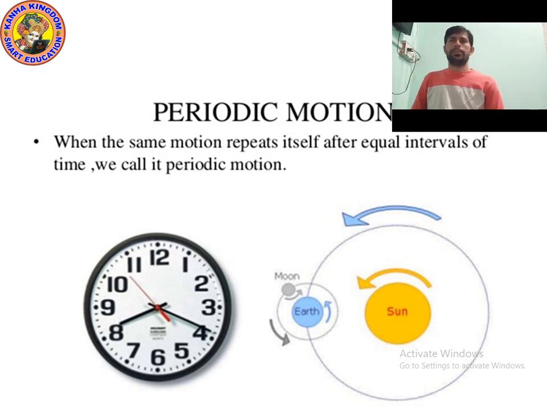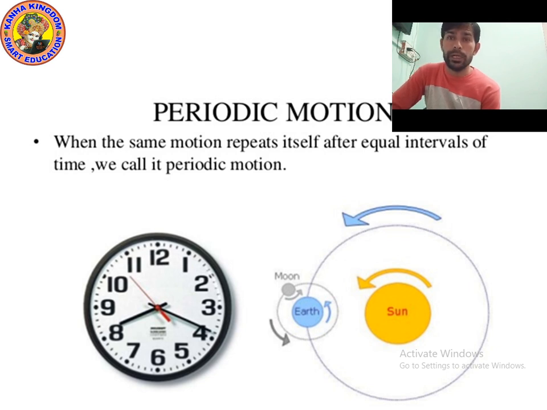It's periodic motion. When any motion is repeating again and again after equal intervals of time, the time interval should be the same, then we will call it periodic motion.